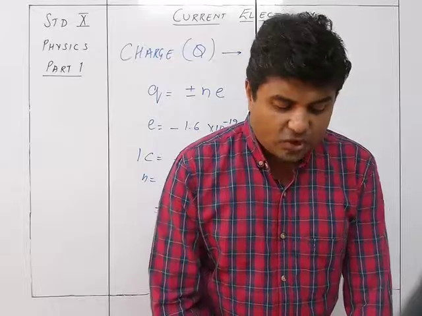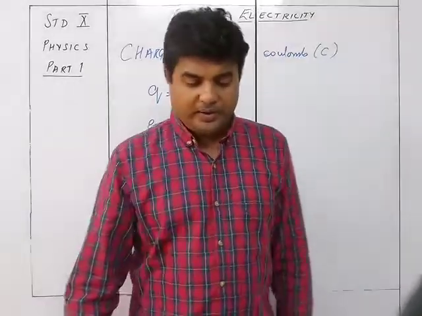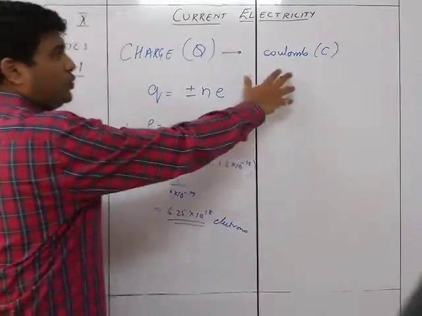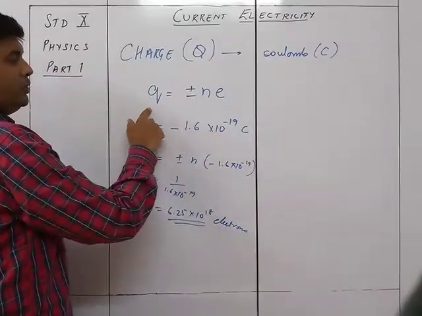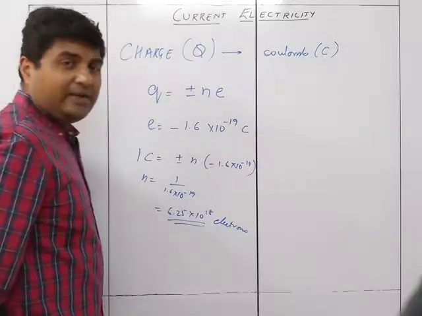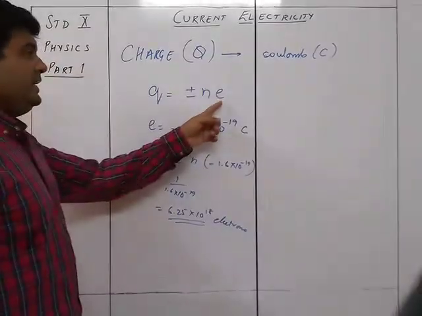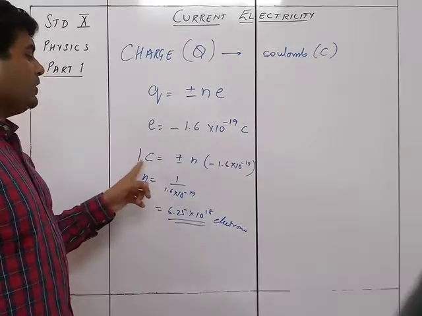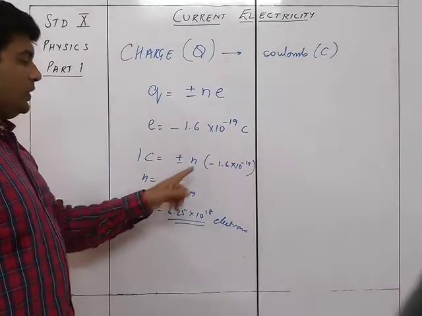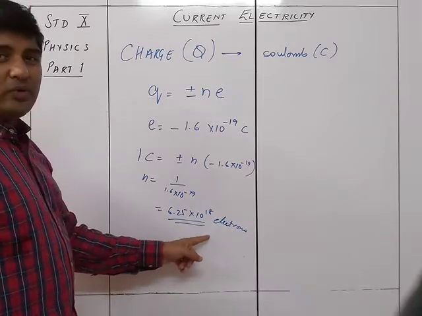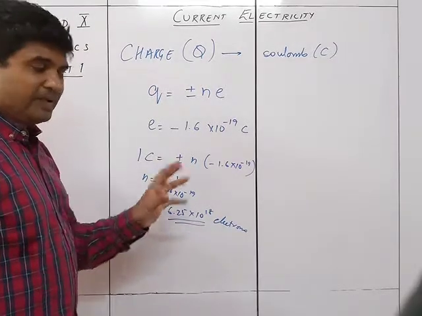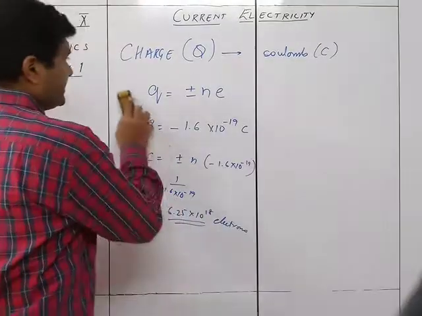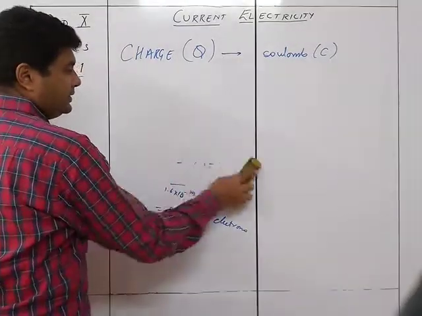Now let's understand the concept of current. So we understood the concept of charge. The charge is measured in coulomb, and Q is equal to plus or minus NE. N is the number of electrons, and the value of E is minus 1.6 into 10 to the power minus 19 coulomb. Accordingly, 1 coulomb of charge is formed by the presence of 6.25 into 10 to the power 18 electrons.